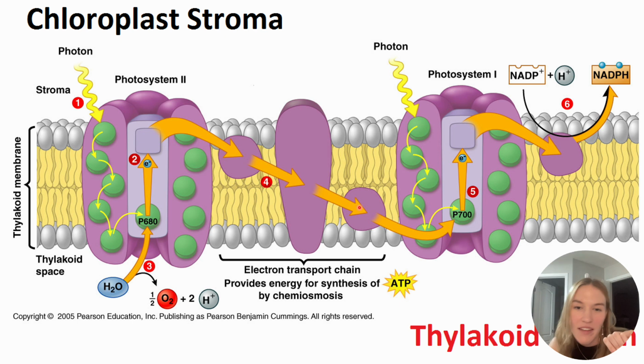We say that these have high reduction potentials, and that the first protein accepting the high energy electron would have a low reduction potential. I know those terms mean very little to some of you and a lot to others, but what I want you to understand is that if we are moving from a high energy electron and it's getting converted to a low energy electron, that energy doesn't disappear. That energy is going to be used to pump protons into the thylakoid lumen.